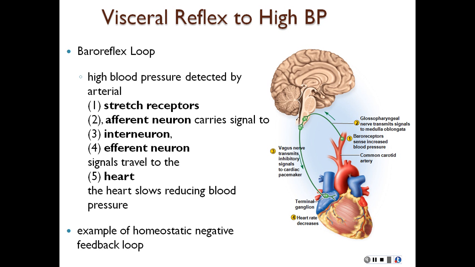Anybody have an idea? What is a barometer? A blood pressure. Yeah. Okay, so well, barometer measures atmospheric pressure. So baro refers to pressure. So the baroreflex loop controls blood pressure.